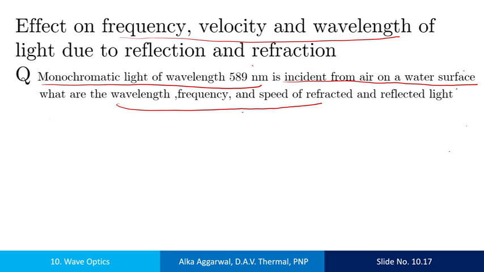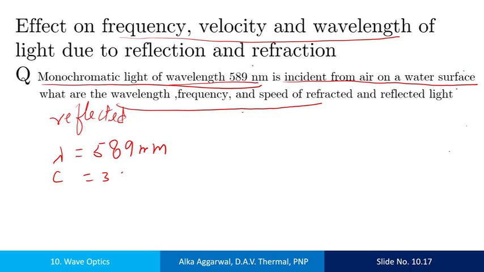First we find out the frequency, velocity and wavelength for the reflected light. Wavelength is the same as in the air. So the wavelength in case of reflection is the same, 589 nanometer. Velocity is 3 into 10 to the power 8 meter per second. Now for the frequency, use the formula C equals n lambda.